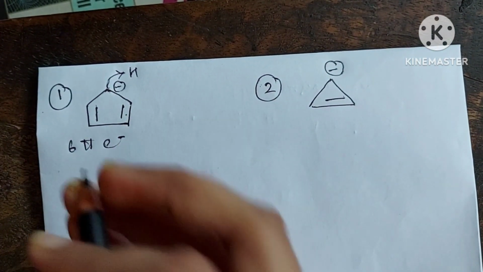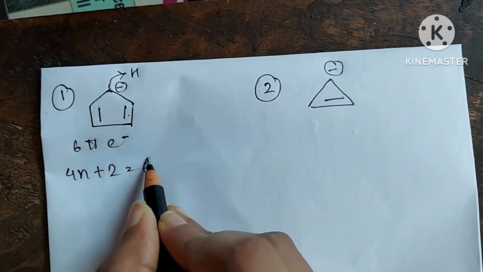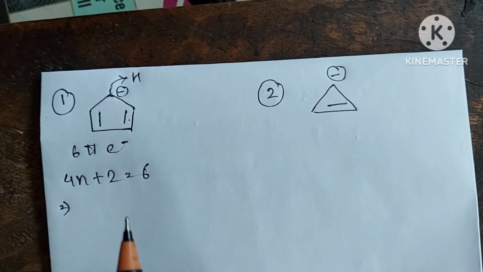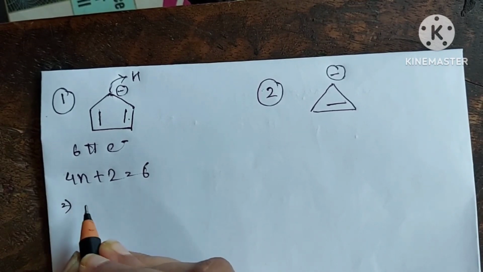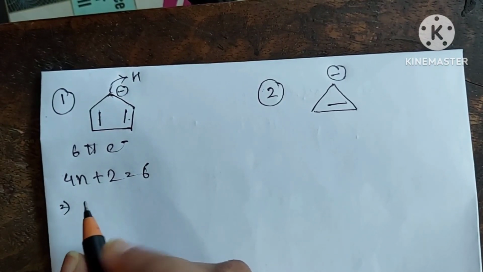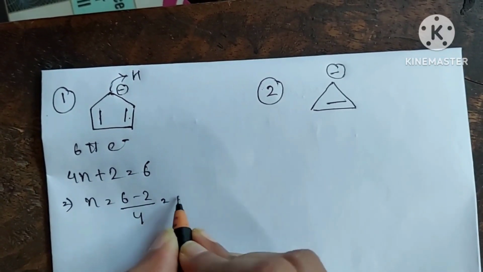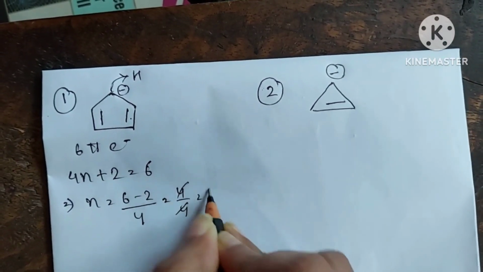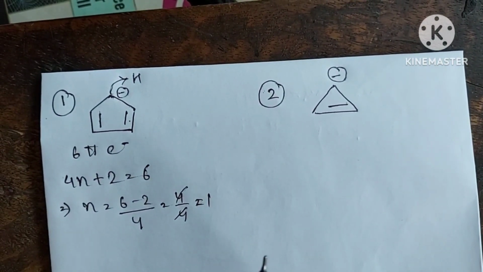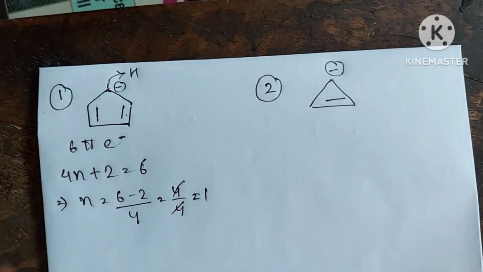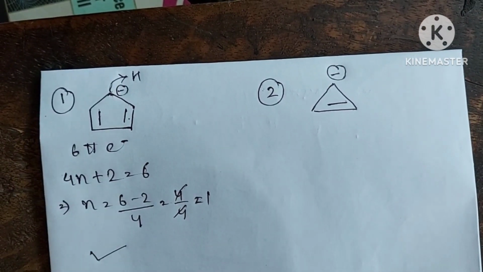So 4n plus 2 is equal to 6, and n has to be a whole number. So check whether it is a whole number or not. n is equal to 6 minus 2 by 4, that is 4 by 4, it is 1. So it is a whole number, that means it follows the rule of aromaticity, that means it is an aromatic compound. So yes, it will show tautomerism.